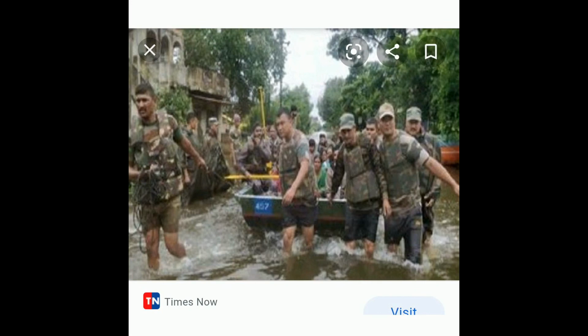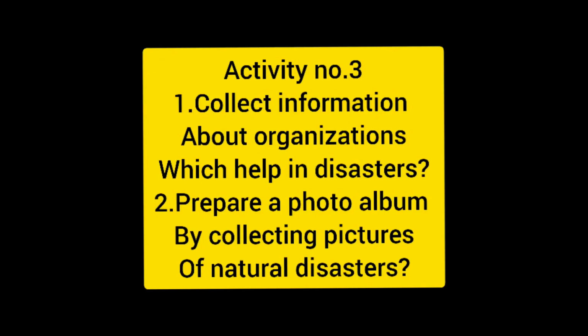We should take part in such activities, right? Then the activity number 3. First question. Collect information about organizations which help in disasters. And the second one. Prepare a photo album by collecting pictures of natural disasters.